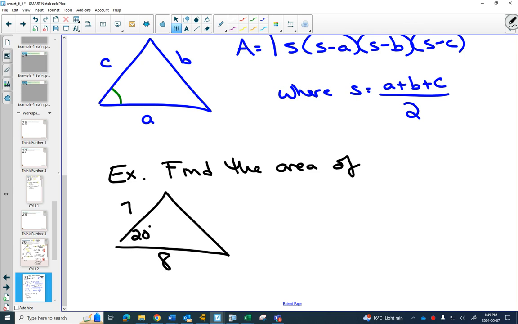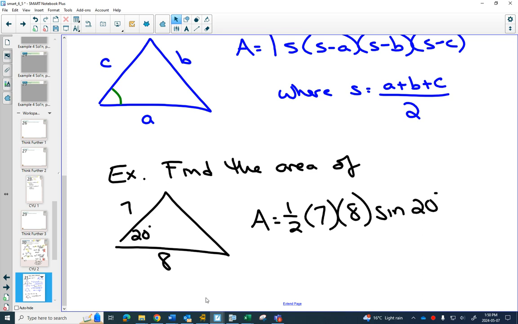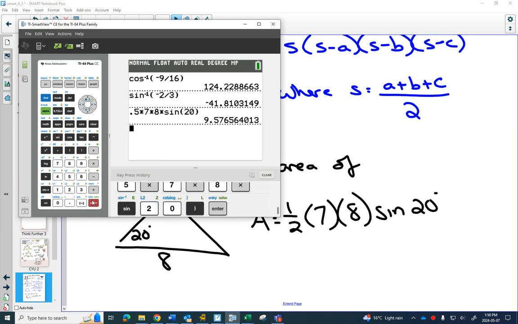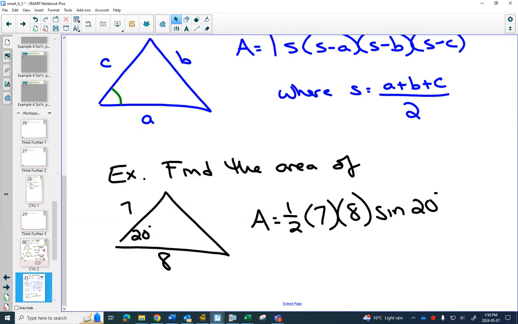It is as easy as 1/2 times 7 times 8 times sine of 20 degrees. 13.58. That's how easy the formula is to use.